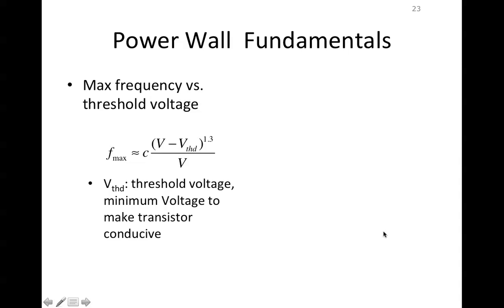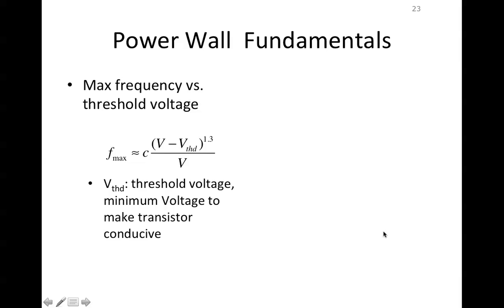Okay, voltage drive is the difference between supply voltage and the threshold voltage, in parentheses, raised to the power of roughly 1.3, and then divided by the supply voltage. Now, what is the threshold voltage? Threshold voltage is essentially the voltage level that is required to make a transistor conductive.